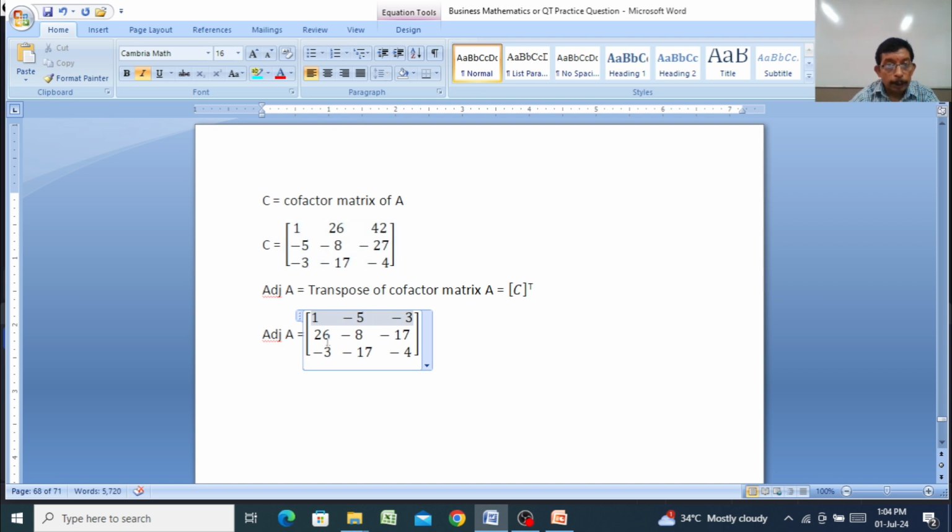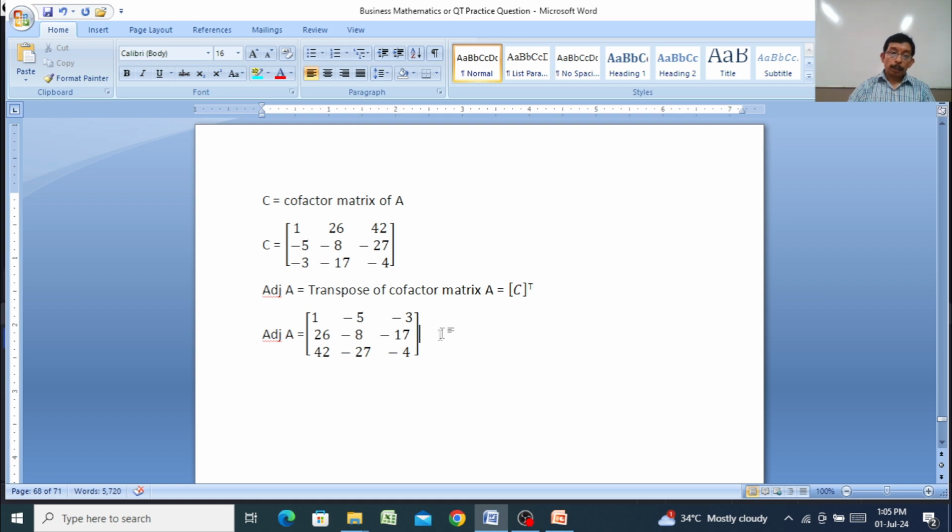Then minus 3 is interchanged by 42, minus 17 is interchanged by minus 27, and minus 4 is replaced by minus 4. It is clear, this is the adjoint of A.